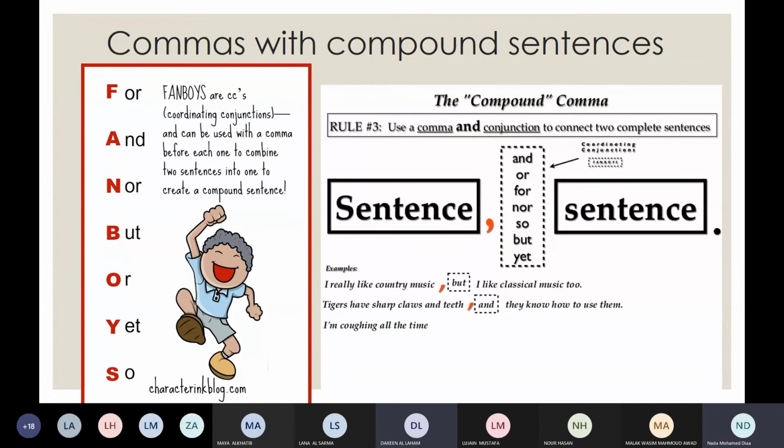Can you repeat the question? Can you explain to me what this means? What does this slide mean? Explain this. What is the compound comma? What are FANBOYS? Can you explain it? FANBOYS.